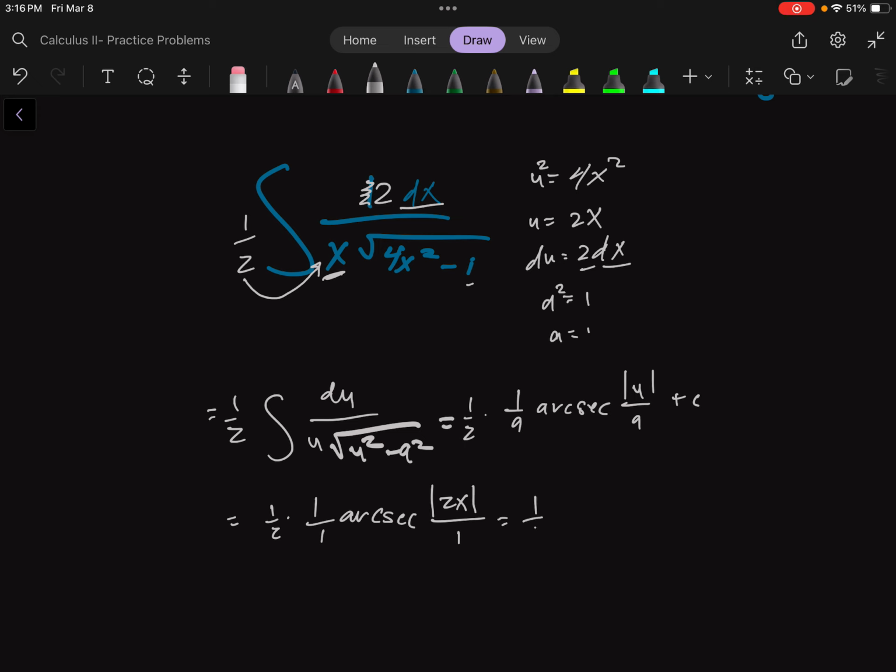Actually we don't have this 1/2 anymore because we brought that 2 in. So it just turns into arcsecant, the absolute value of 2x, plus c, of course. And that is the final answer.